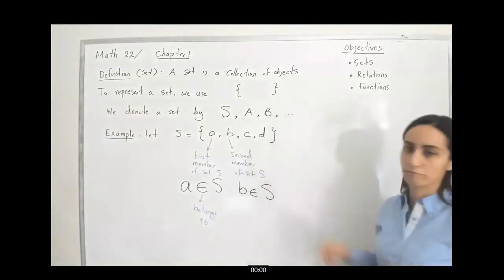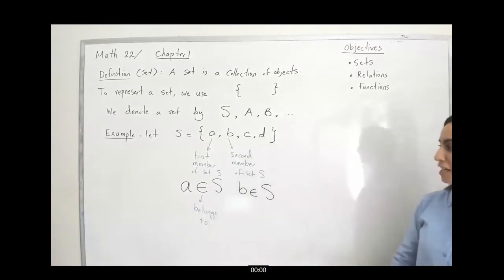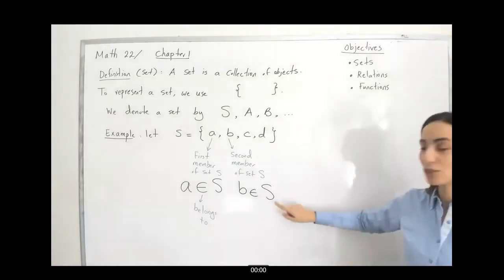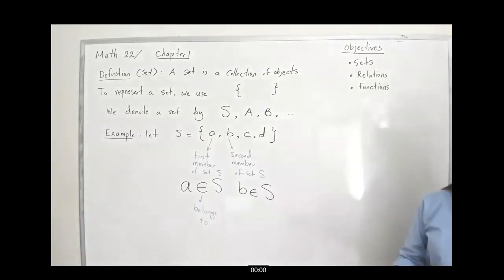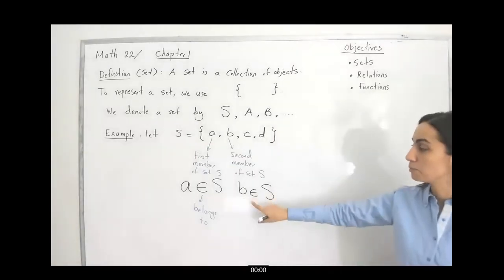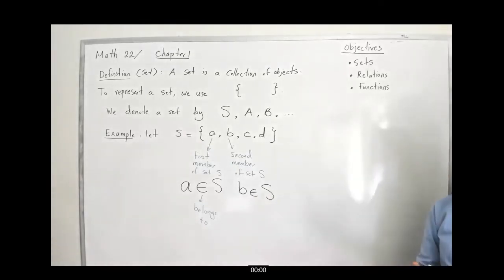How about C? Of course, C is a member of set S. We write C belongs to S. How about D? D is the last member of set S. We can write D belongs to S, and we stop.